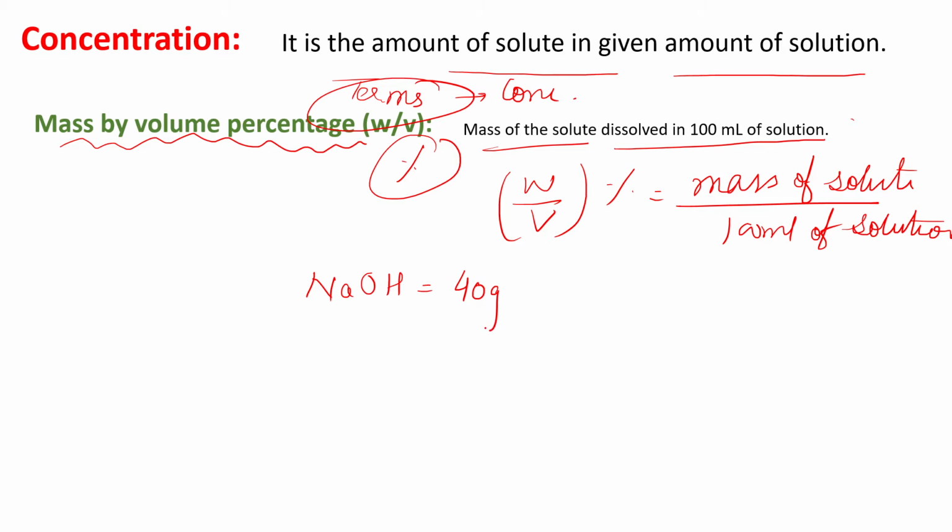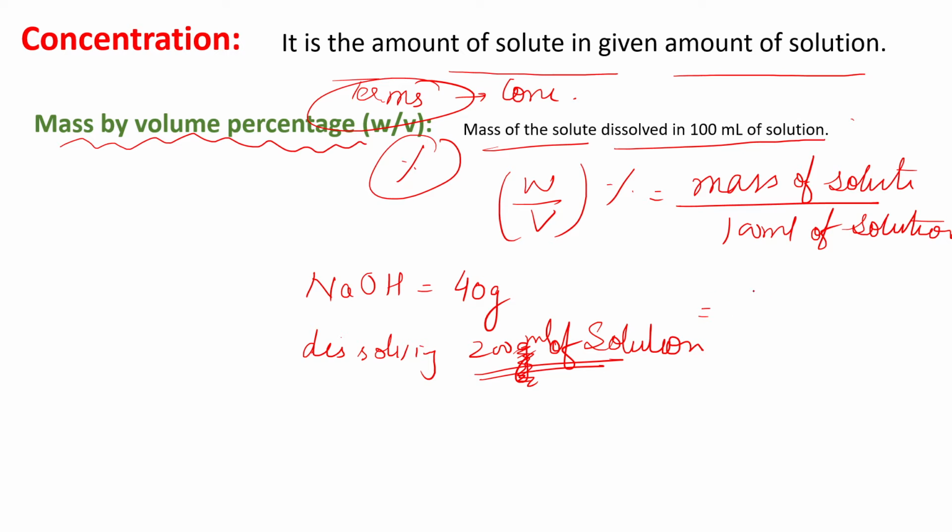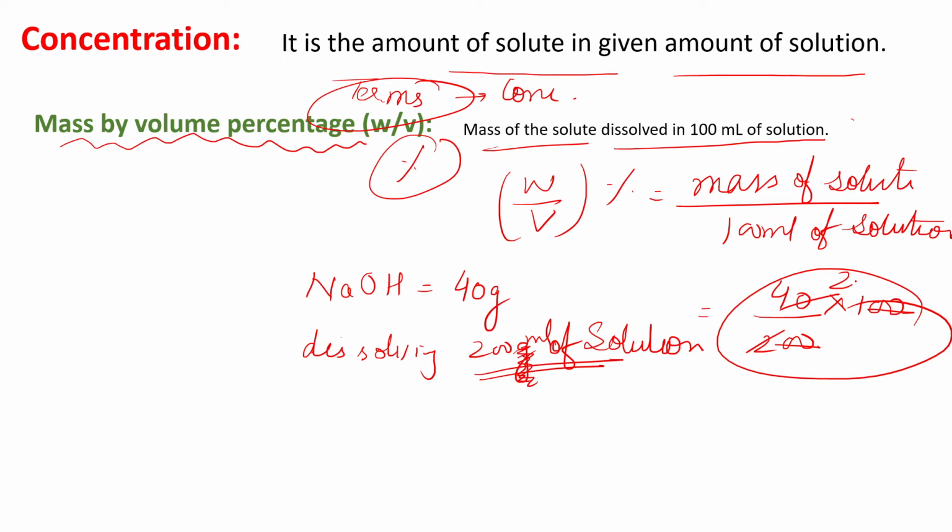I am taking 40 grams of NaOH and dissolving it in 200 ml of solution. So what is the weight by volume percentage? Weight of solute by volume of the solution into 100. Cut these numbers, so it will come out to be 20%. I hope you understood.